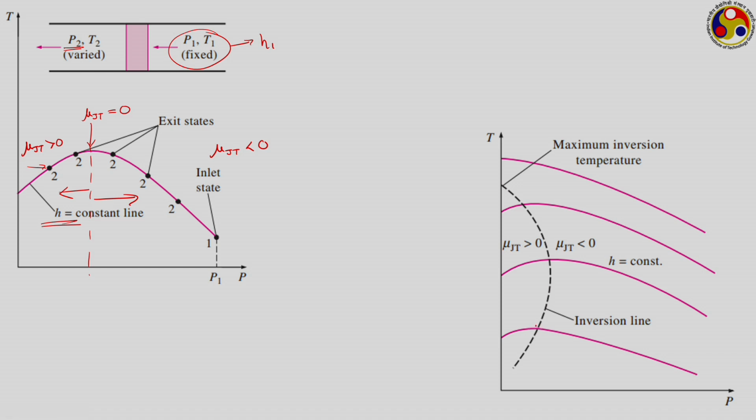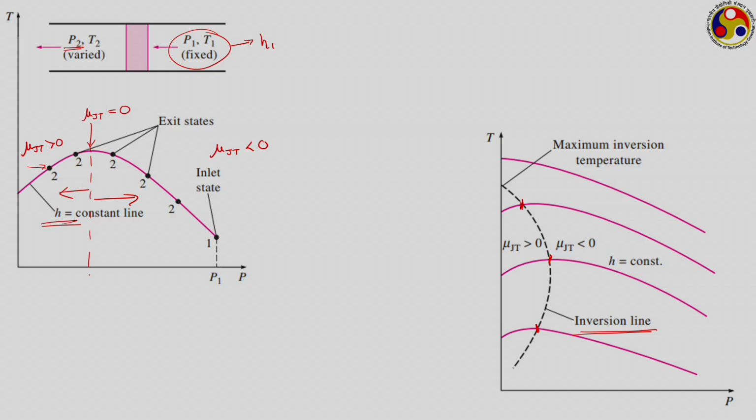So, for the first line we get our inversion here, for the second line we get inversion here, for a third value of inlet enthalpy we get the inversion somewhere here. If we join all these inversion points, the line that we get is called the inversion line. So, the inversion line is basically the locus of all these inversion points corresponding to individual inlet enthalpy curves.